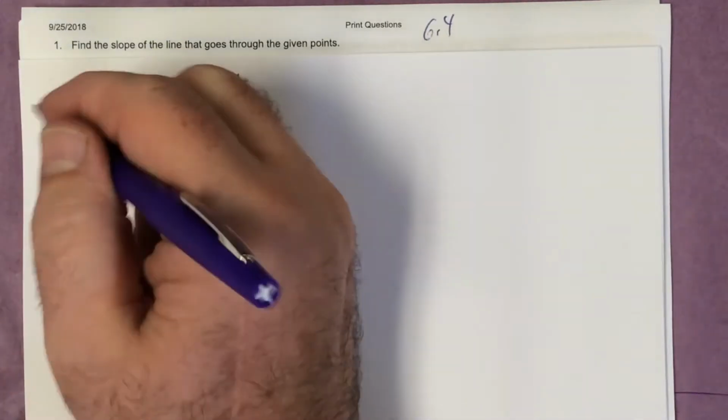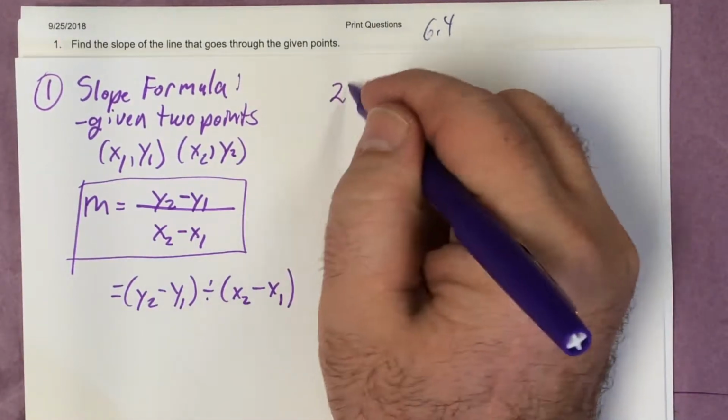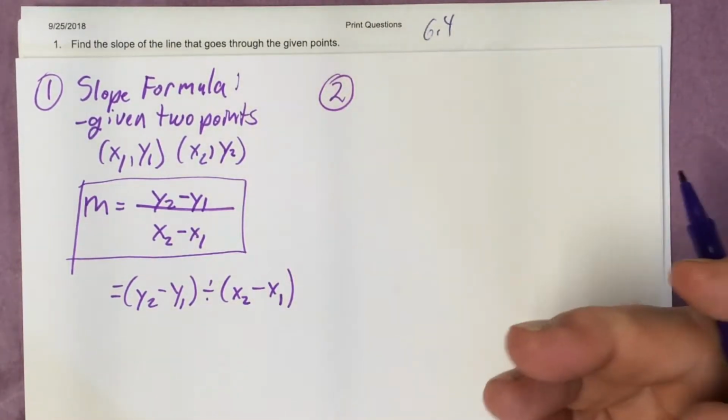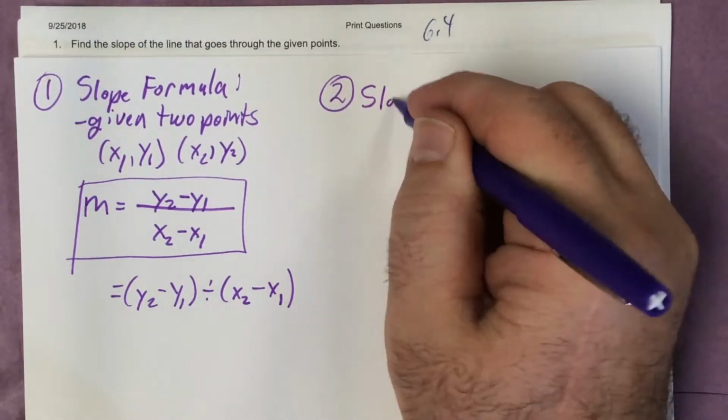That's the first thing that we're going to want to know here. Secondly, we've looked at an equation of a line which we refer to as slope-intercept form.